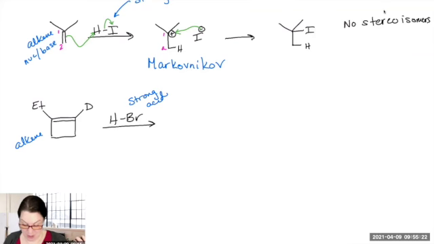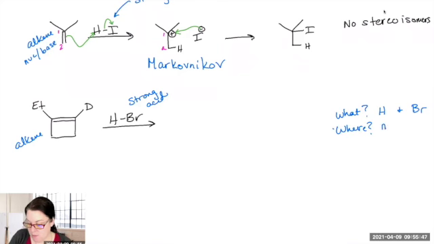All right, so let's try to jump to the product. What are we adding? So what is getting added in this case to each of the carbons? We're going to add an H and we're going to add a Br to the two different carbons that were on the alkene. Okay, what is the regiochemistry?